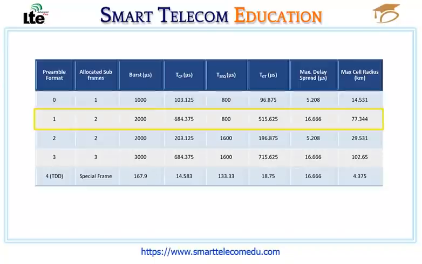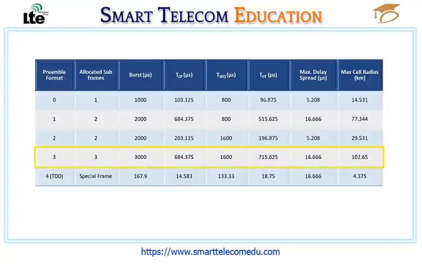Format 1, 2 milliseconds random access burst with 800 microseconds preamble sequence, for large cells, up to 77 kilometers, without a link budget problem. Format 2, 2 milliseconds random access burst with 1600 microseconds preamble sequence, for medium cells, up to 29 kilometers, supporting low data rates.